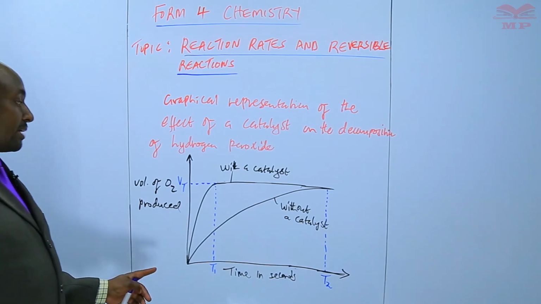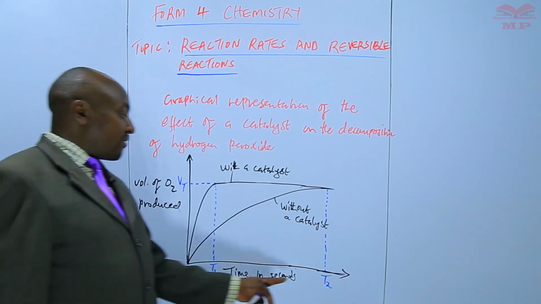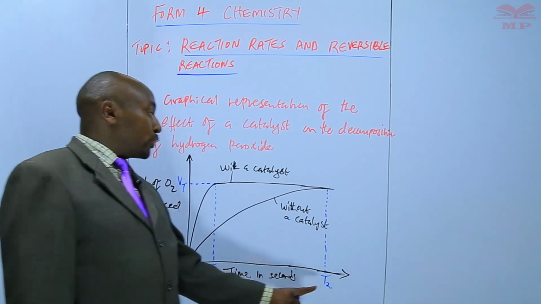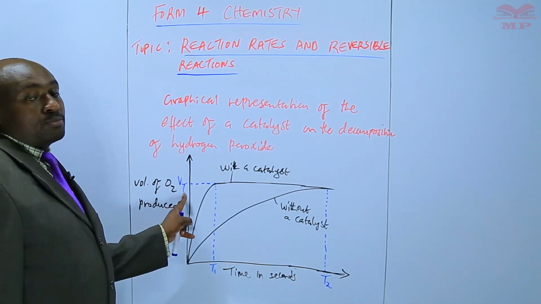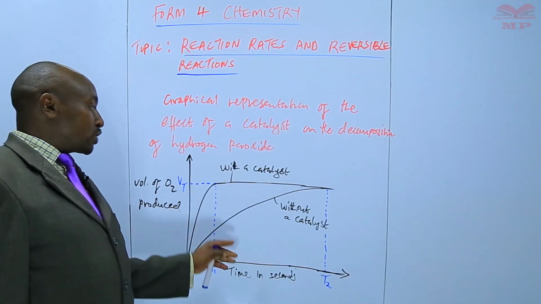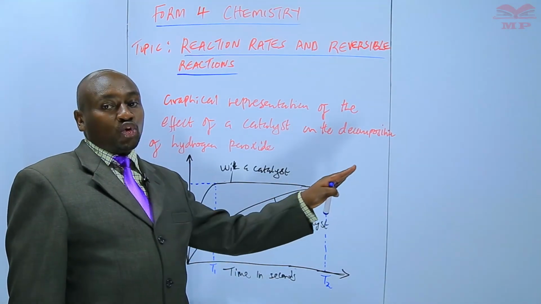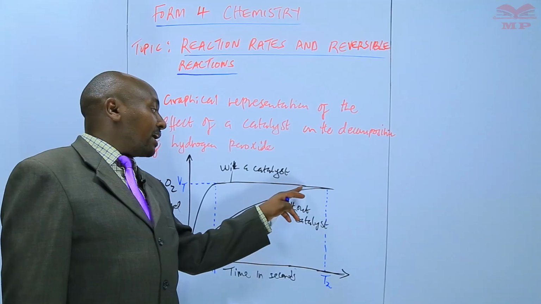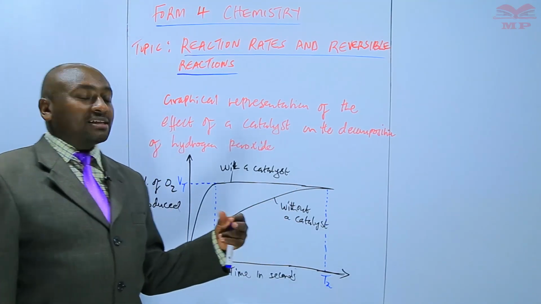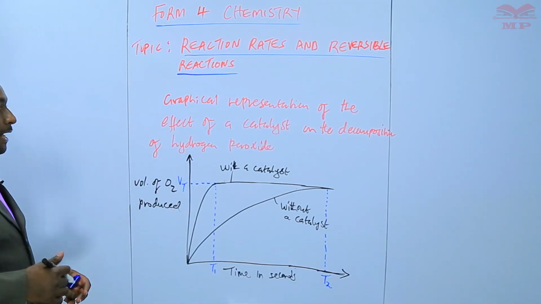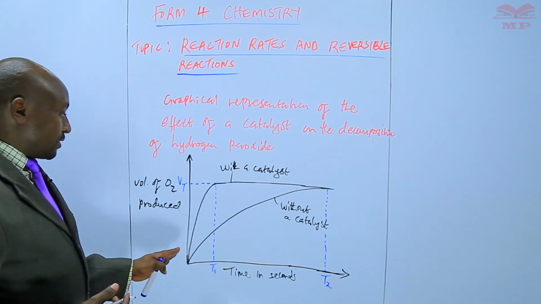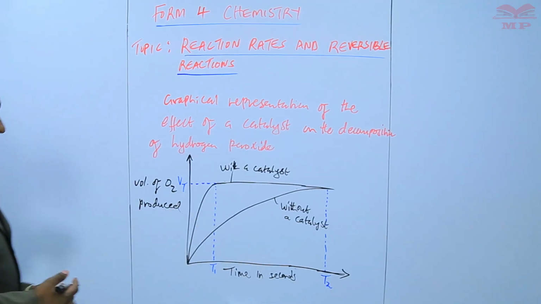However, in the absence of the catalyst, it took a very long time, which is time T2, to collect the same volume, which is volume T. So that shows that the graph without the catalyst is very gentle. It has low steepness, or it's less steep.